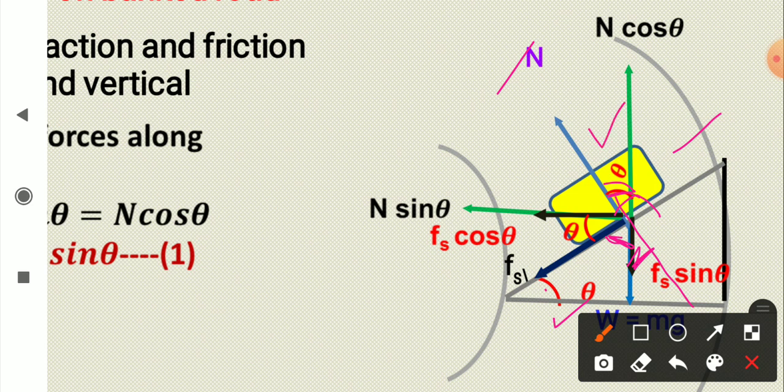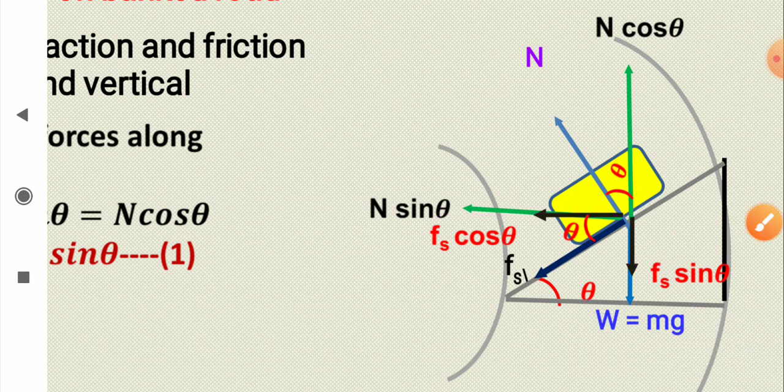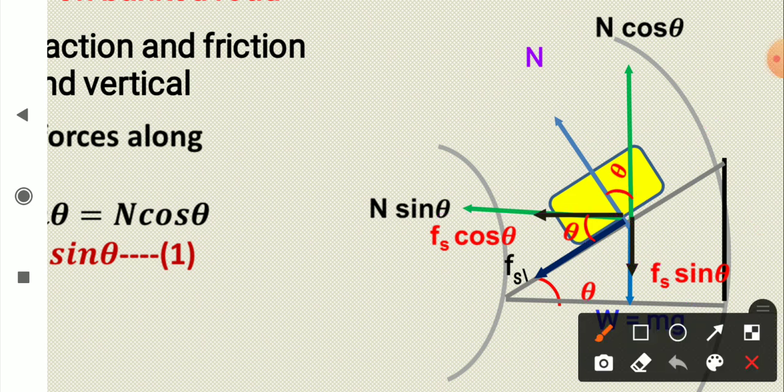And if you look at this way, this is the horizontal direction, this is theta, then this angle will be theta, alternate angles. So the angles are very clear. And now you see, resolve this normal reaction along vertical and horizontal directions. So you get n cos theta and n sin theta.